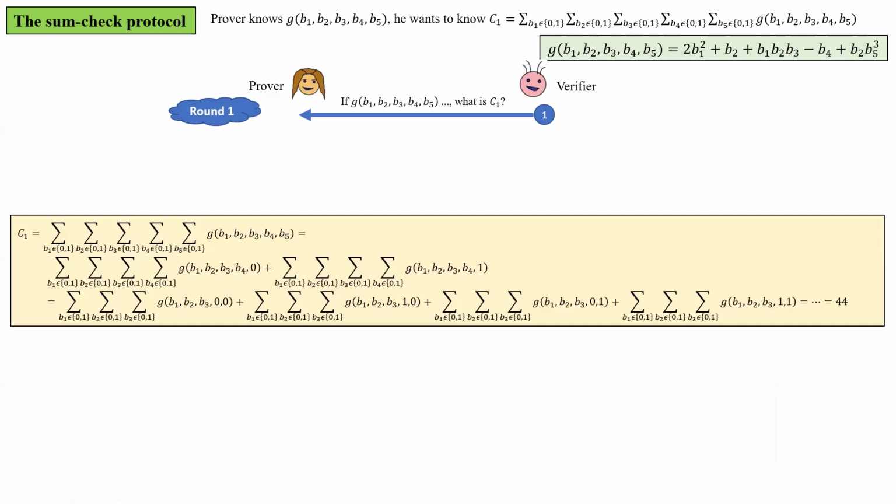So the prover later needs to share this value with the verifier, but this is not enough because the verifier doesn't know if the prover really calculated this summation or not. So that's the reason the prover needs to do some extra calculation and then share the result with the verifier.